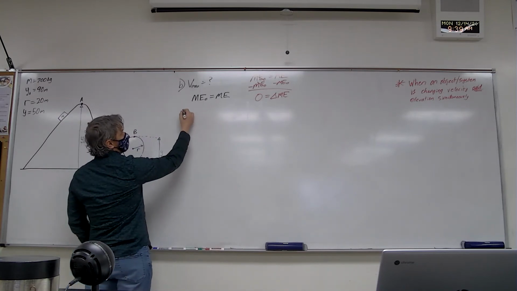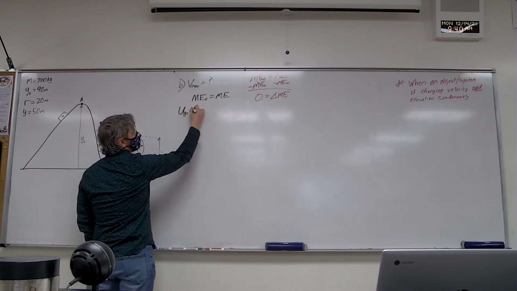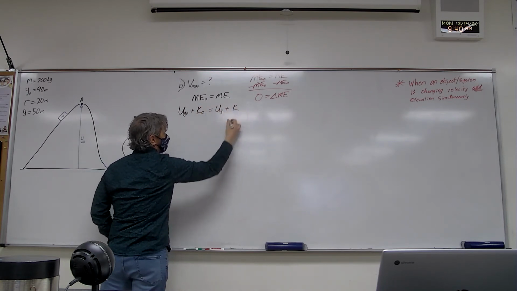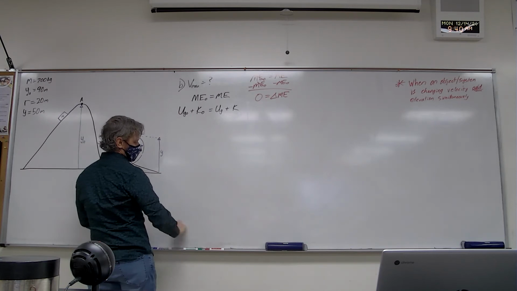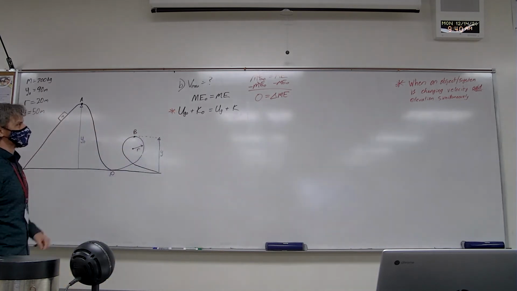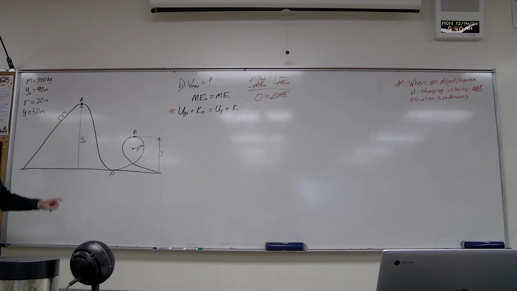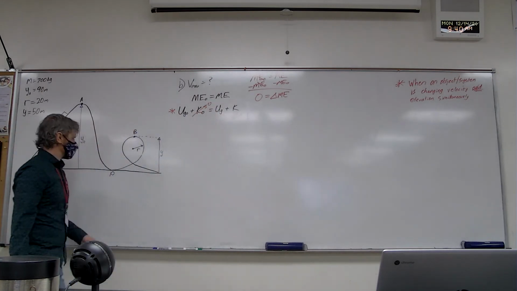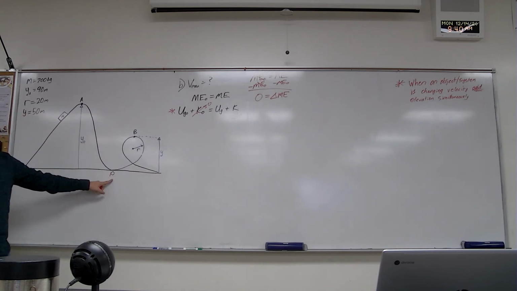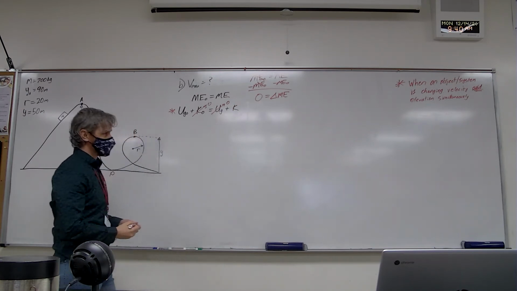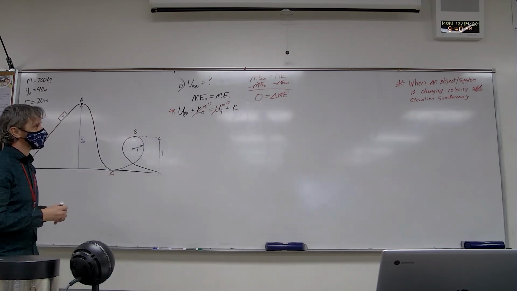Then I just expand it out again. Initial gravitational plus initial kinetic equals final gravitational plus final kinetic. At this stage in the game, I always ask myself, are any of those 0? Well, it says I start from rest at the top, so my initial kinetic is 0. At the bottom, I'm at the 0 point, so my final gravitational potential energy is 0, just like with the pendulum.